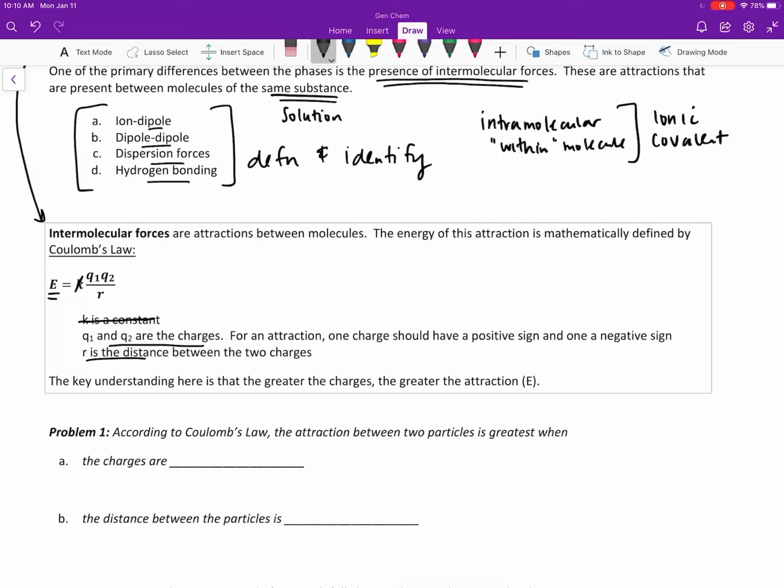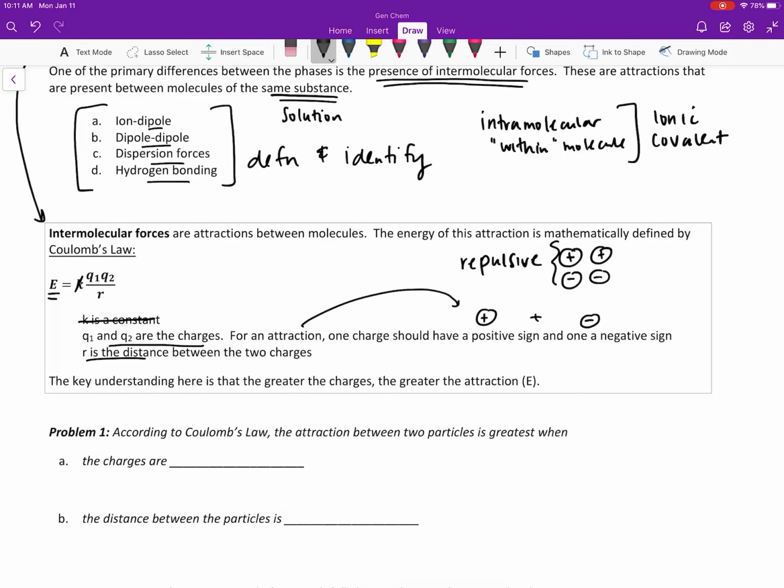And what we see is that if you remember back to ionic and covalent bonding, we discussed that opposite charges attract, like charges repel. So an attractive force is going to occur between a positive and a negative. Repulsive forces are going to be 2 positives or 2 negatives.